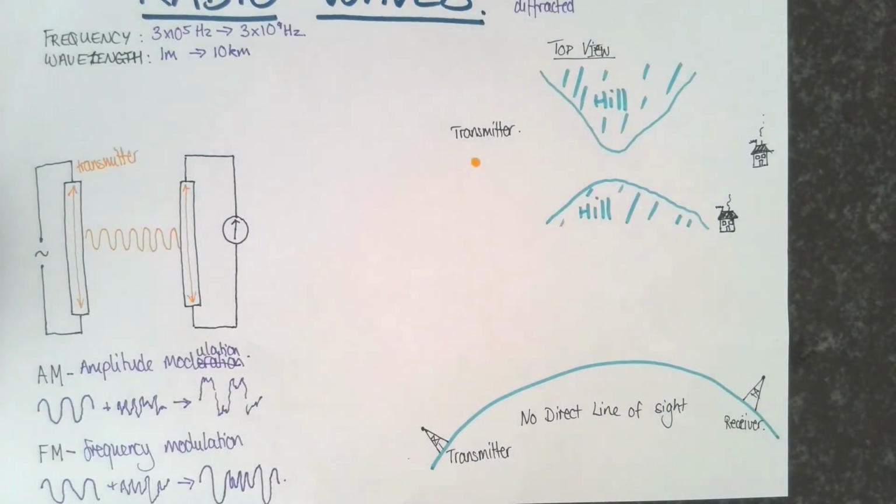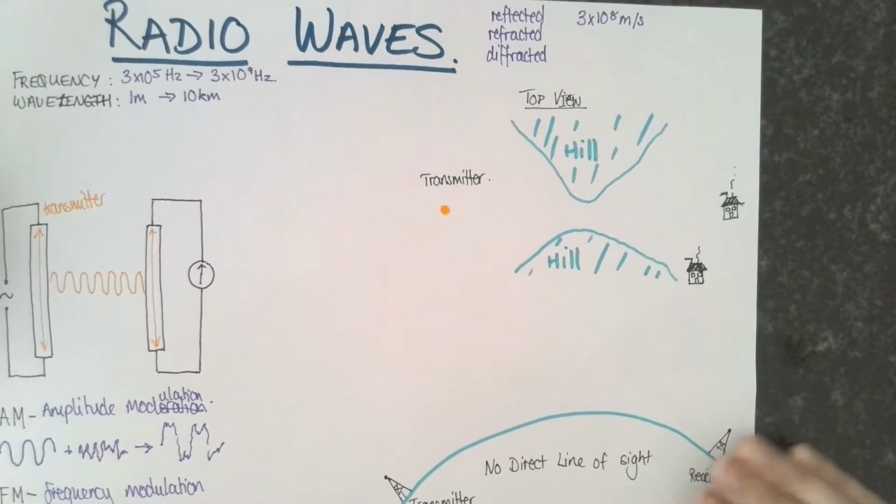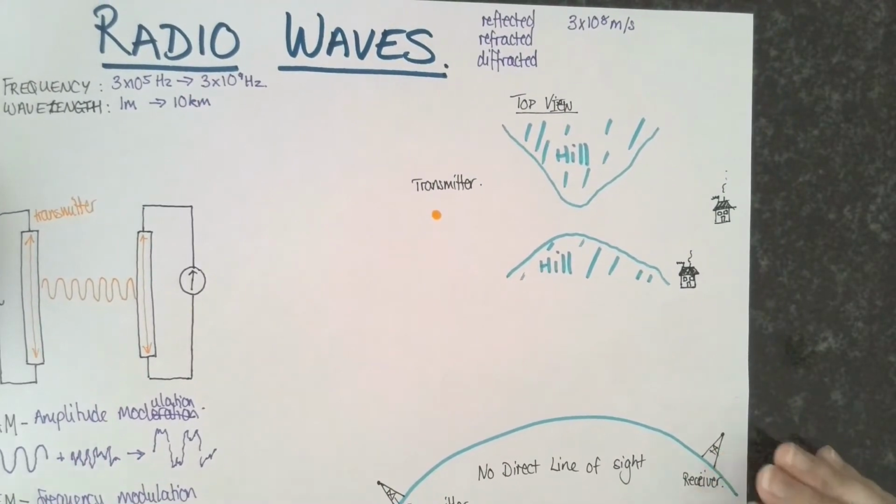Now, radio waves are brilliant in that they can be transmitted a long distance. But if we want to transmit television or a long wave radio, they have a different wavelength, as the name would suggest.